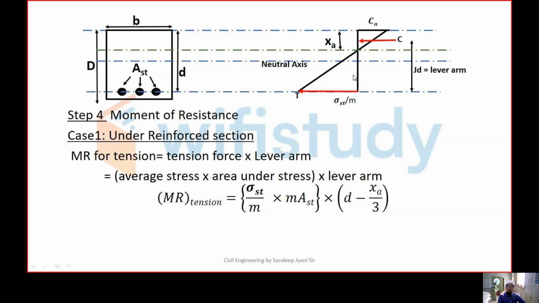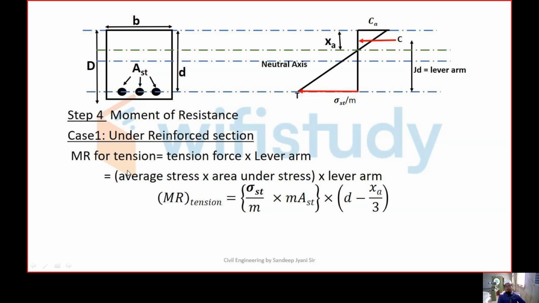What is the area under stress here? M into AST. If we remove these reinforcement bars, what will be the equivalent area of concrete? M into AST only. This portion only is subjected to the stresses, that's why it is considered for calculating the area. If we remove this circular portion, it becomes a rectangular portion.